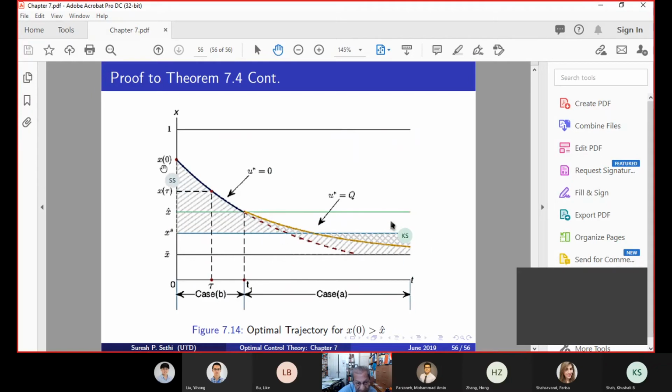But on this one, I need to find out the x and lambda. I know what the x trajectory is, x tau, because it's 0, so I can create that. Lambda, I can do lambda bar, and I can go back, so I can create the lambda trajectory, and then I should have a switching function which is less than 0, so that optimal control is 0 all the way.